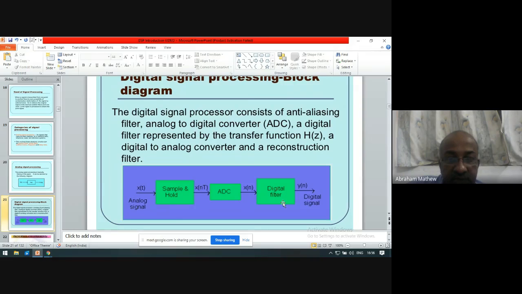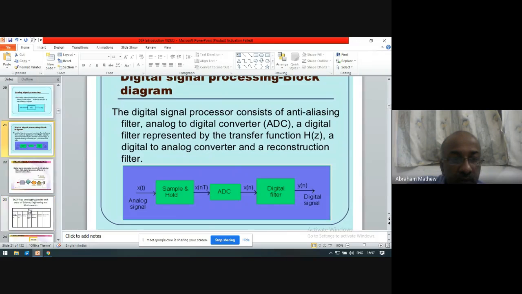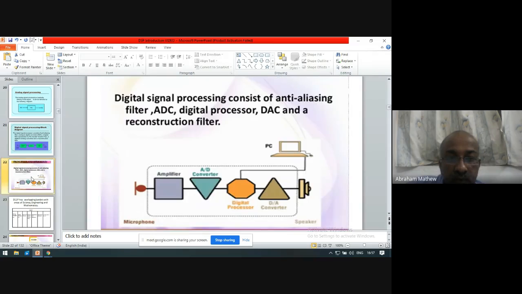Then we can use a chain of filters, I mean digital filters. And our digital signal is now ready for application.